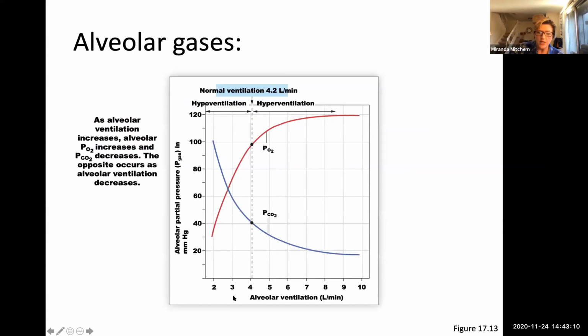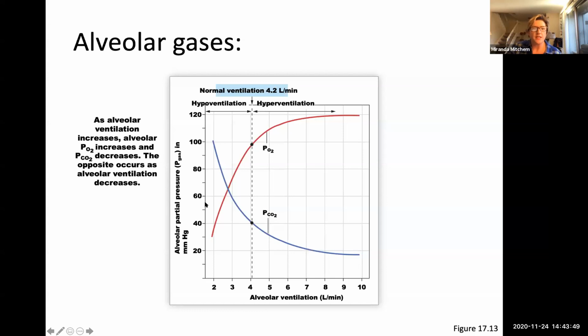Okay, so we're looking at a graph here of ventilation. On the x-axis is the alveolar ventilation, which is increasing in liters per minute. And on the y-axis is the alveolar partial pressure of gas in millimeters of mercury. This dotted line represents the normal ventilation rate for the average adult at 4.2 liters per minute. Anything below it would be hypoventilation. Above it is hyperventilation.